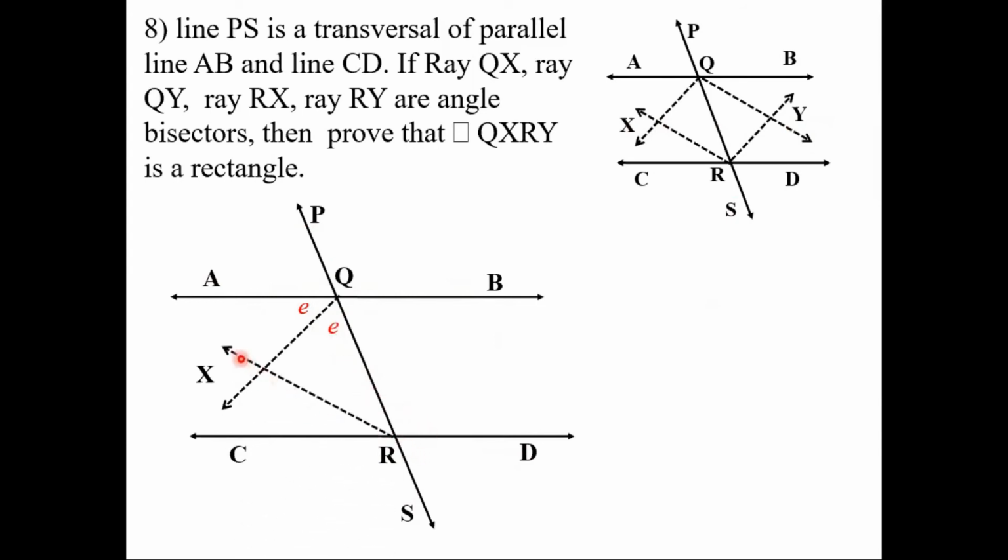Second, again RX is an angle bisector, so I'm indicating it as F, F. Next, RY is also an angle bisector, so after E, F, I'm going to indicate it by G, G. And again, QY is also an angle bisector, so indicating it as angle H, angle H. And in this way, I have indicated four pairs, or you can say 8 angles: EE, FF, GG, HH.